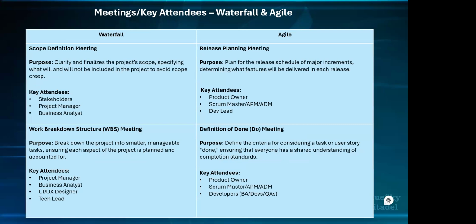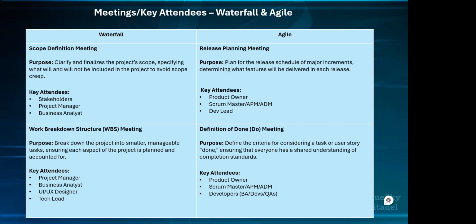Okay, so quickly we want to look at the scope definition meeting. The purpose is to clarify and finalize the project scope. We want to specify what will and what will not be included in the project to avoid scope creep. We know scope creep is when increased requirements are being added.